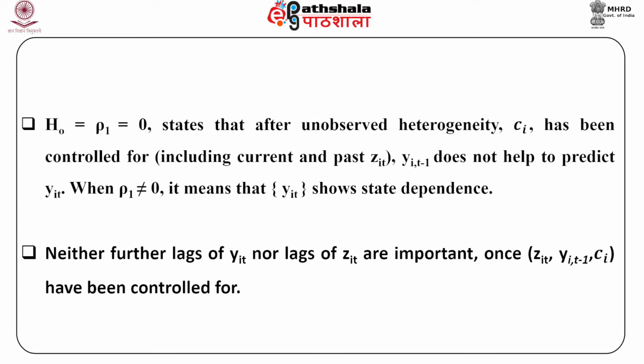Here assumption 5 is an example of dynamic completeness conditional on C_i, which means that one lag of Y_it is sufficient to capture the dynamics in the conditional expectation. Neither further lags of Y_it nor lags of Z_it are important once Z_it and Y_i,t-1 and C_i have been controlled for. Generally, if X_it contains Y_i,t-1, then assumption 3 implies dynamic completeness conditional on C_i.